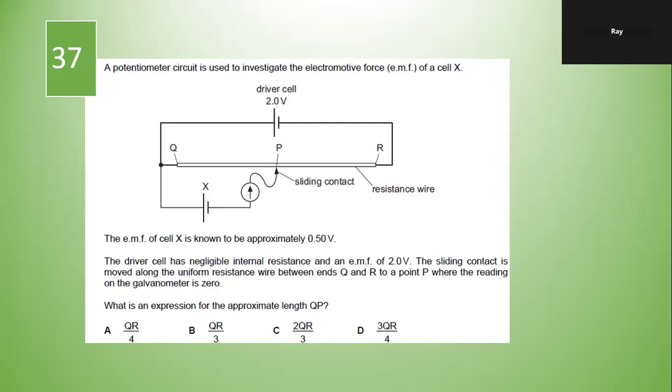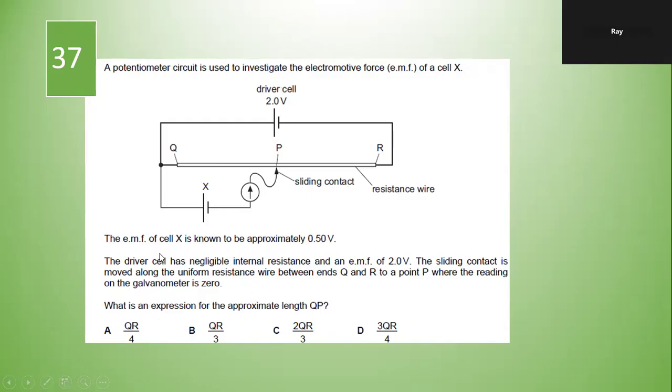Potentiometer circuit is used to investigate the electromotive force of cell X. The EMF of the cell X is known to be approximately 0.5. The driver cell has negligible internal resistance, EMF is 2 volts.